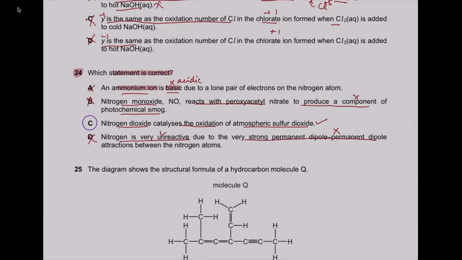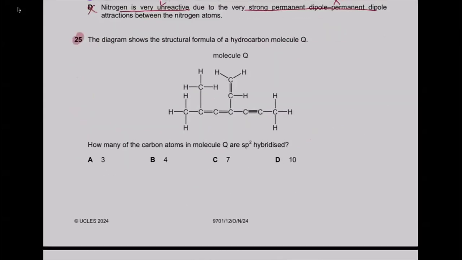Now MCQ number 25. The diagram shows the structural formula of hydrocarbon molecule Q. How many carbon atoms in molecule Q are sp2 hybridized? sp2 carbons are the ones which have a pi bond. So if we go 1, 2, these are sp hybridized, triple bond.